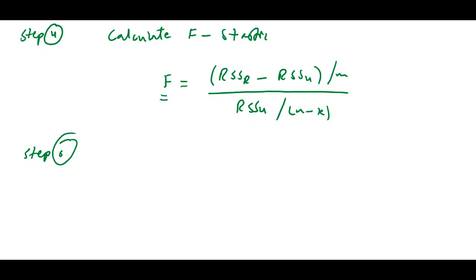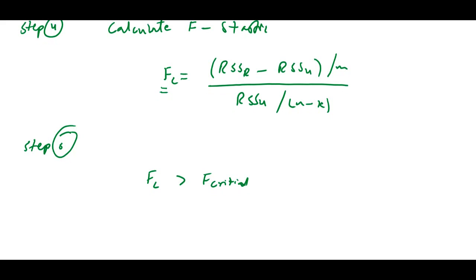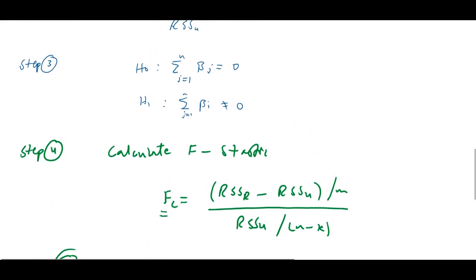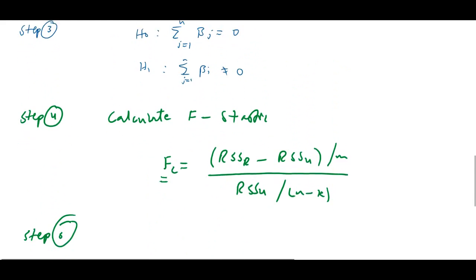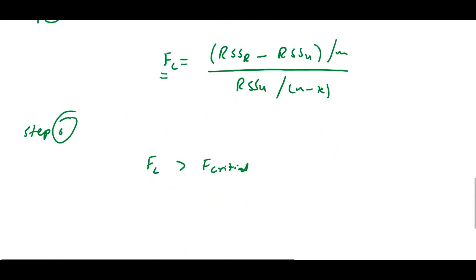In step 5, if the computed F value exceeds the F critical value, then we will reject the null hypothesis, and this is our null hypothesis: beta j equals 0.